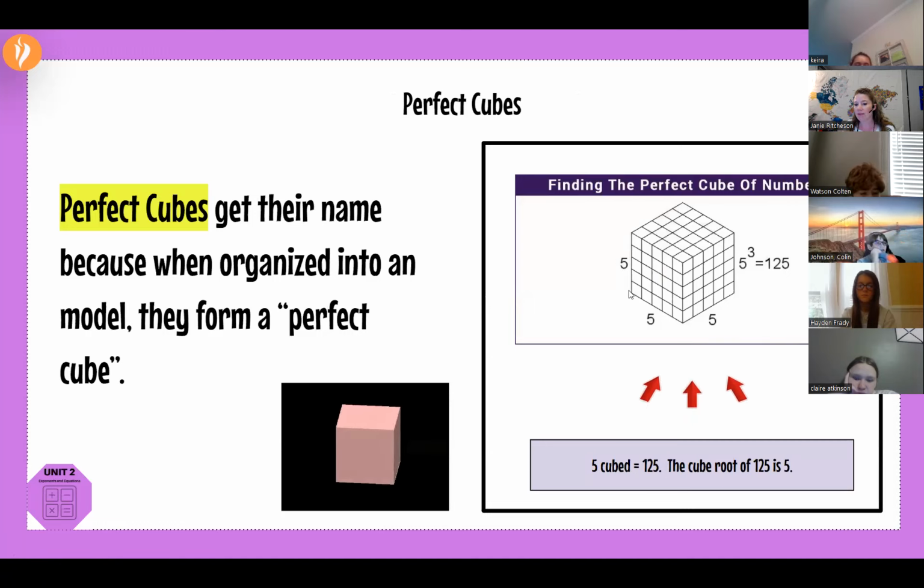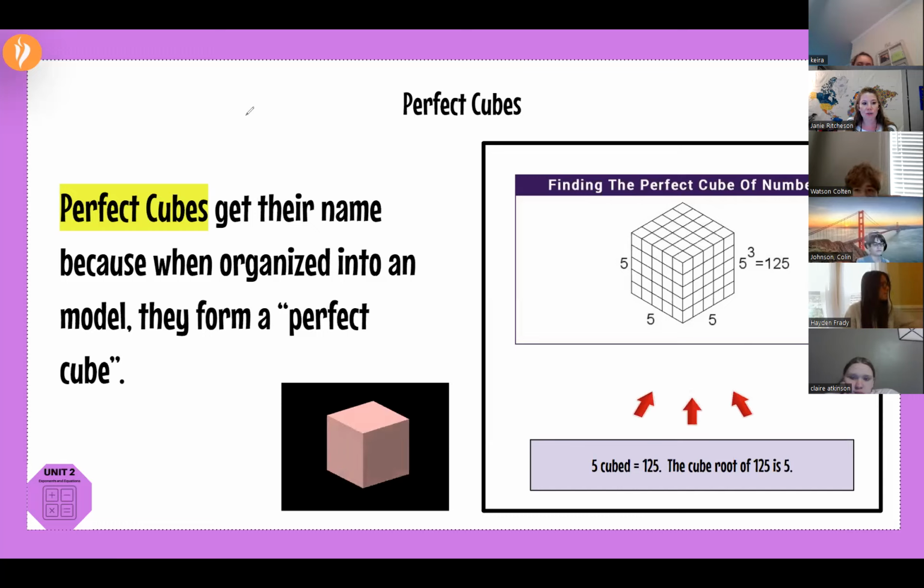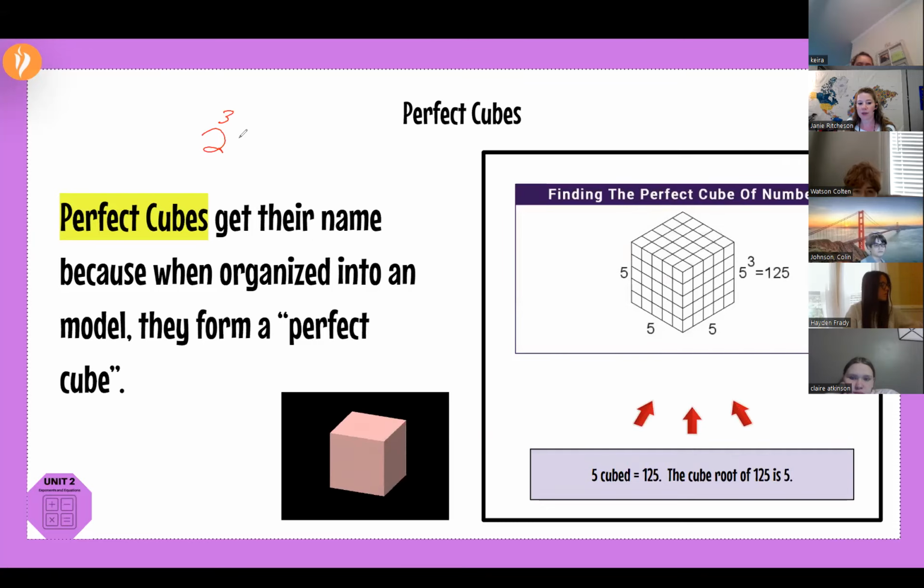So if you have a 5 by 5 by 5 prism, it's actually going to be a cube with 125 units. So if you have any number raised to the power of 3, like 2 raised to the power of 3, we say 2 cubed, which means, of course, 2 times 2 times 2, which is 8.